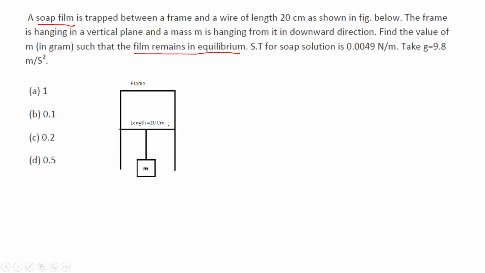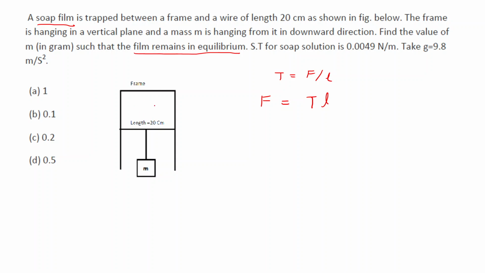So first we need to understand, recall, surface tension. You remember surface tension is defined as force per unit length, right? That means if I want to know the force, it should be surface tension times the length on which it's acting, right? But we also remember doing several such questions, where we need to consider how many surfaces that particular film has.